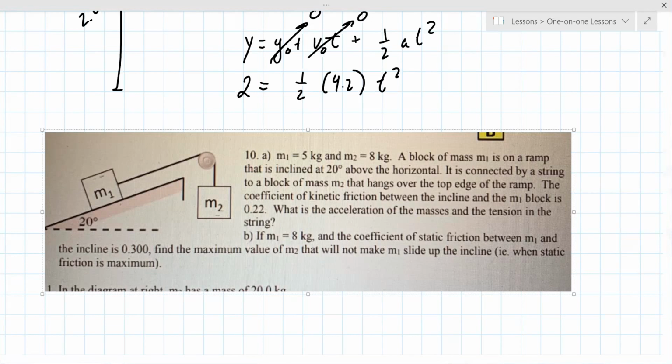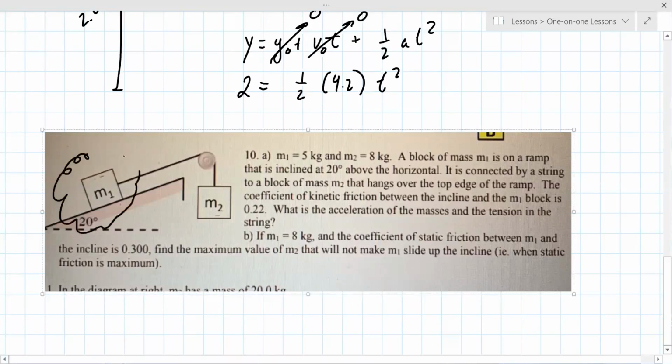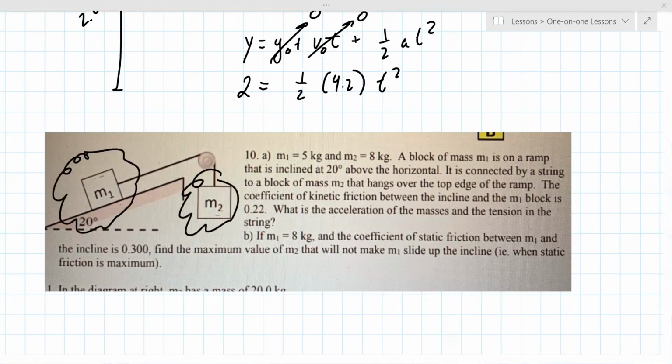You end up treating the system as, you do this block and then you do this block. So it's going to be the same as before. Let's look at the one on the right because that's easier. The M2 is easier. Let's just focus on that one.